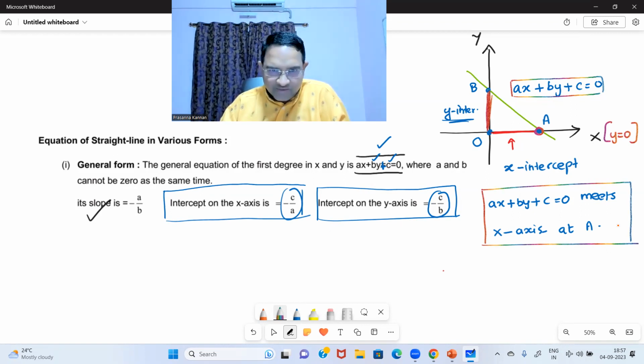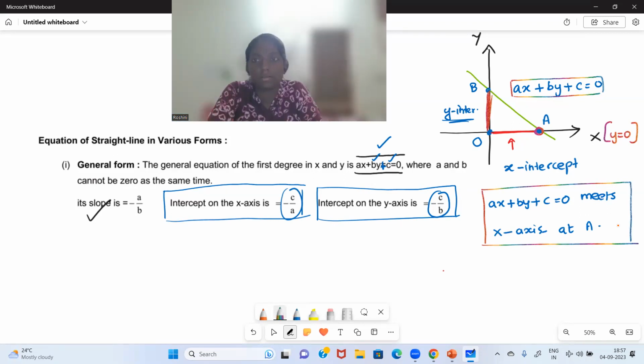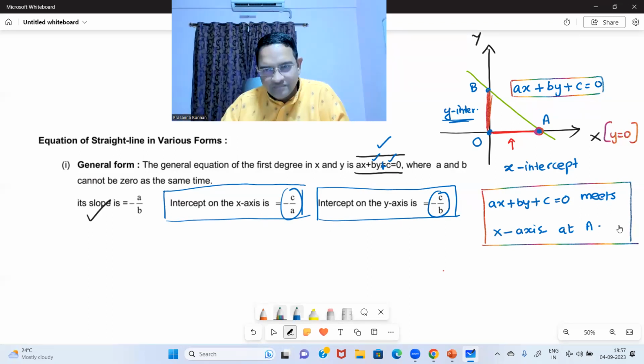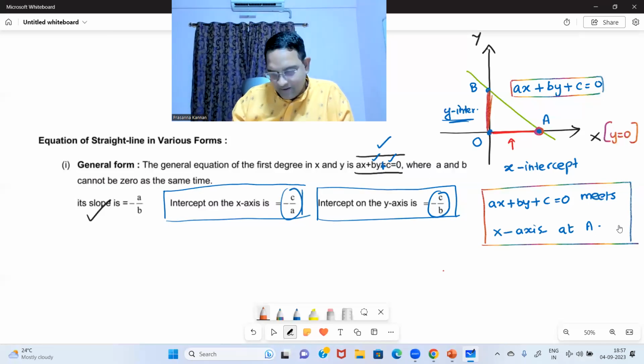On the x-axis, y is 0. So I'll be able to find out the point A just by substituting y as 0. Make sense?